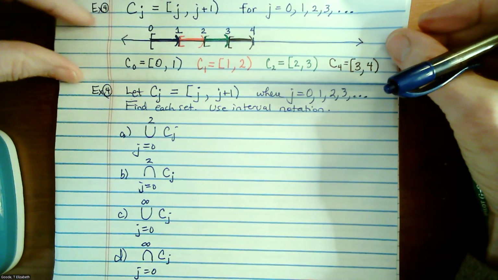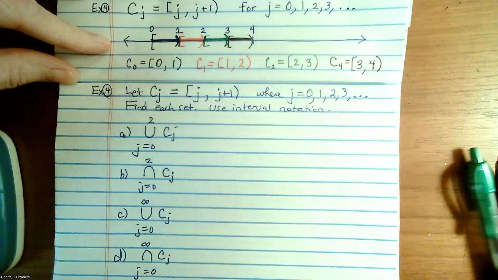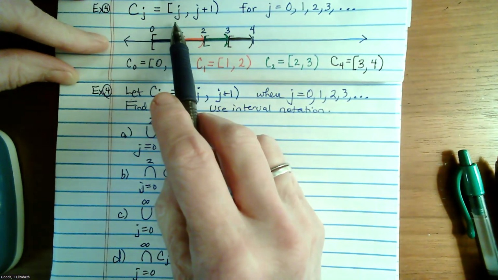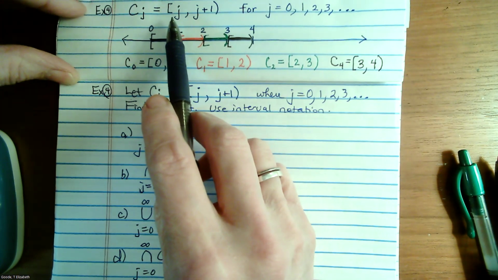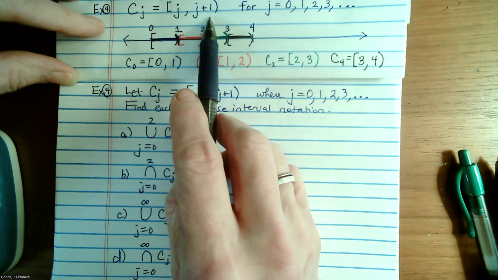In our first example, the left end started at 0, but C sub j is different. The left bound of C sub j is not a shared value. It's specific to j. And then we're going up to j plus 1.